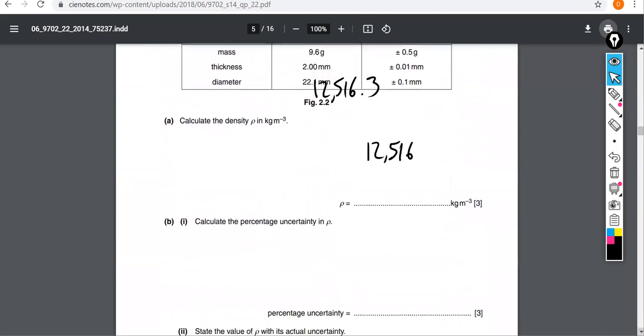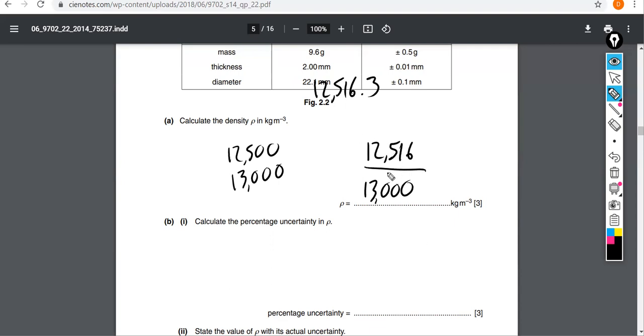You look at that number and you might say 13,000. So maybe here you report the answer as 13,000, or maybe some students would call it 12,500. We'll check the mark scheme and see what they would accept here for those 3 marks. But it's somewhere around that. That's the calculator value. I would avoid reporting a calculator value.